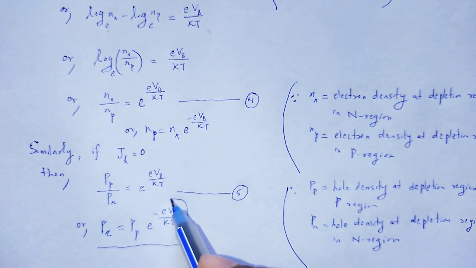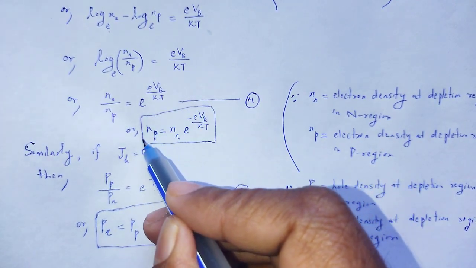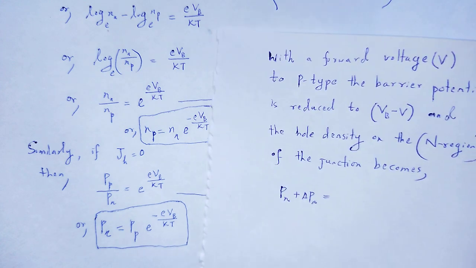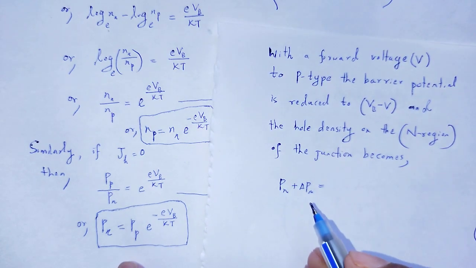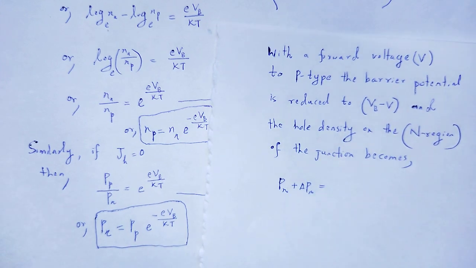These two equations are needed. We add del pn to pn.